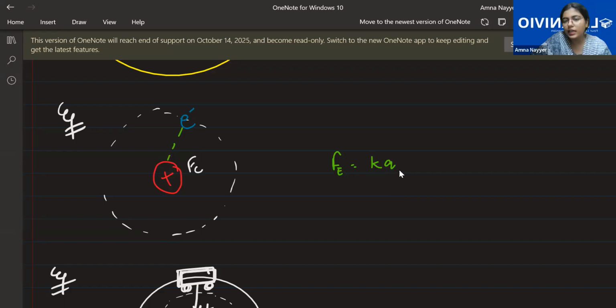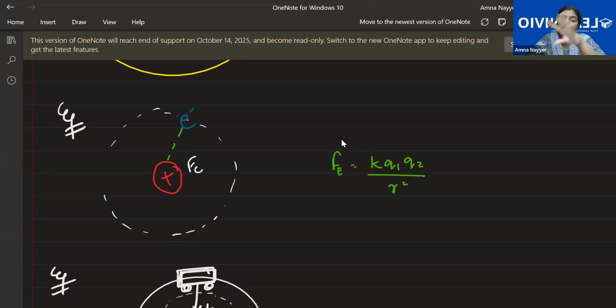They have a formula K Q1 Q2 divided by R square, which you need not study this year. Now this is the formula of the electrostatic force. When the electrons and protons are there, the electron is also revolving around the nucleus in a circular fashion, right?